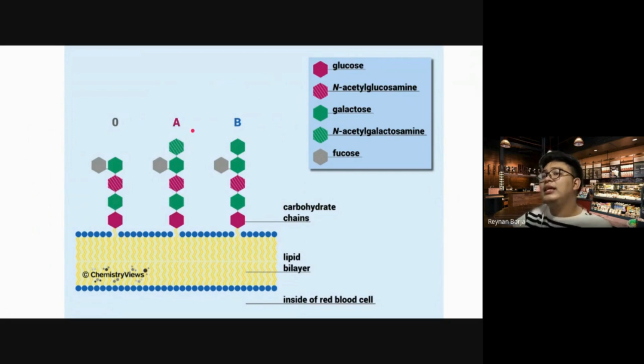Tama? Si blood group B naman is D-galactose. Si blood group O naman is L-fucose. But remember, yung sinabi ko about H antigen and L-fucose, all the normal na blood groups is merong L-fucose or H antigen. Huwag kalimutan nyo, or H allele.